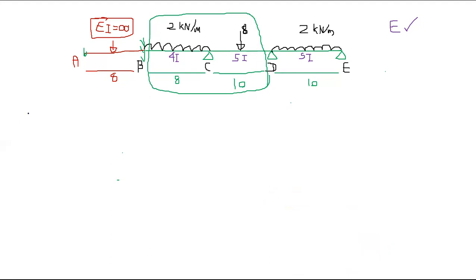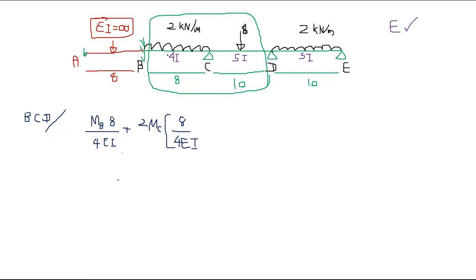So I have this. I will now apply for BCD, right? So for BCD, if you apply, you have MB, L is 8, over EI is 4EI. Plus now the middle one is C, right? 2MC, 8 over 4EI.